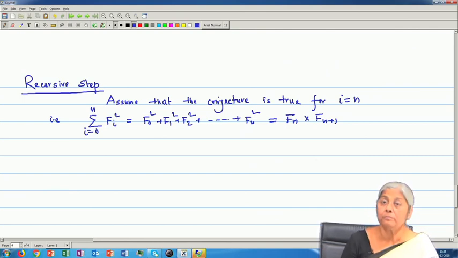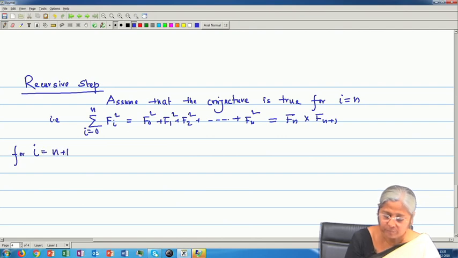Now, if we can show that, assuming it is true for i equal to n, the conjecture is true for i equal to n plus 1, then we are done. So, for i equal to n plus 1, we have to show that the conjecture is true.